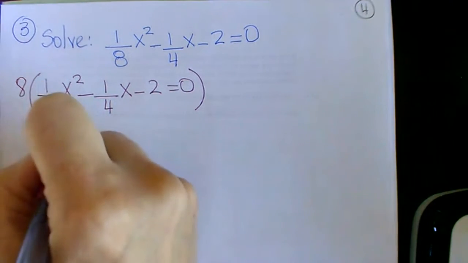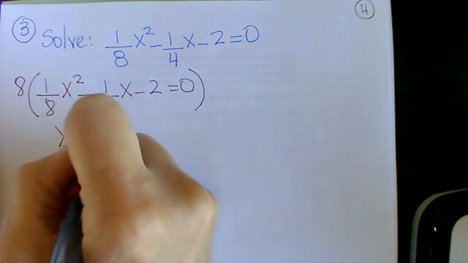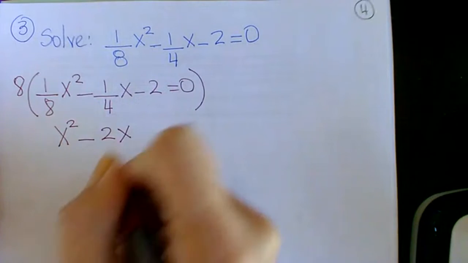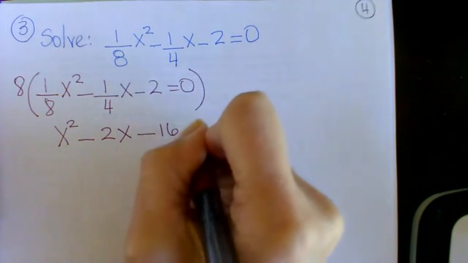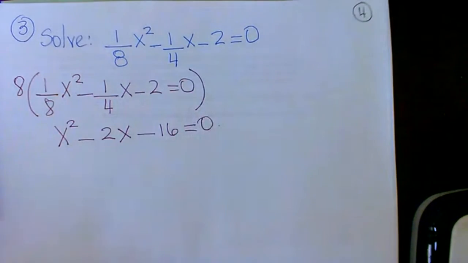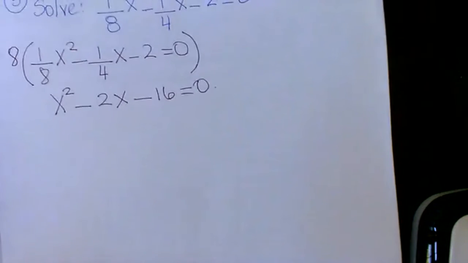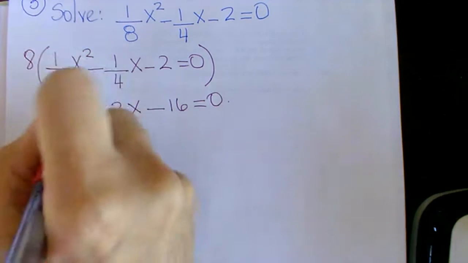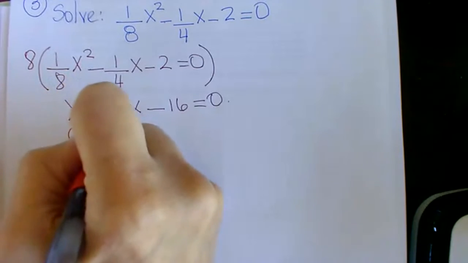So what we have is x squared minus 2x minus 16 equal to 0. That's what we're going to have. No need to deal with the fractions.